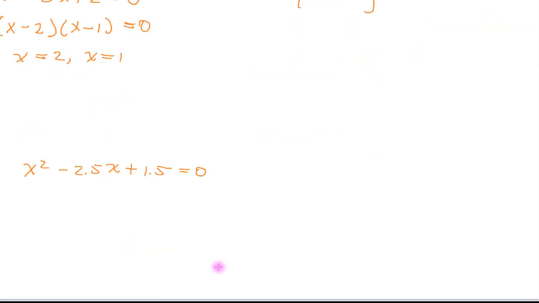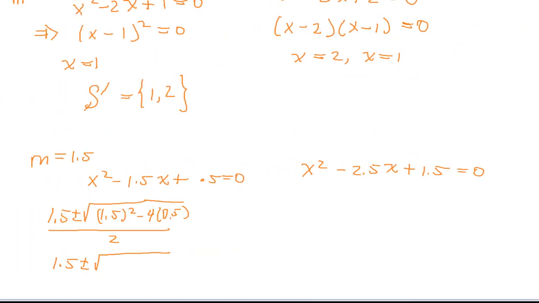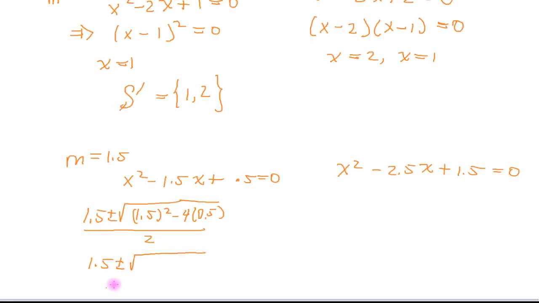Our last will be this guy again. Let's see if I can manage to calculate this. 1.5 is equivalent to what? 1 and 1/2. This is 2 plus 3 is 3/2. So 3/2 squared is 9/4 minus 4 times 1/2 is 2. 2 times 4 is what? 8.